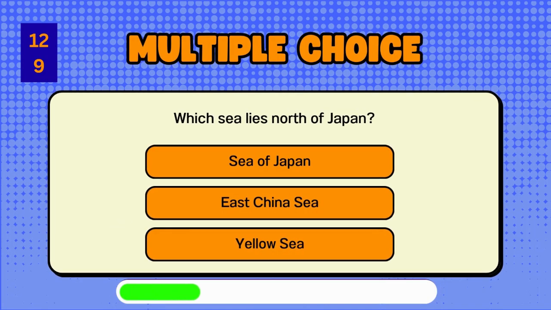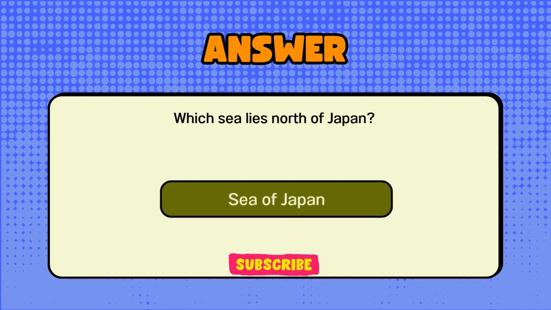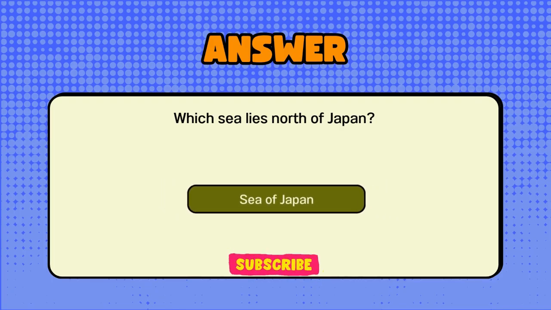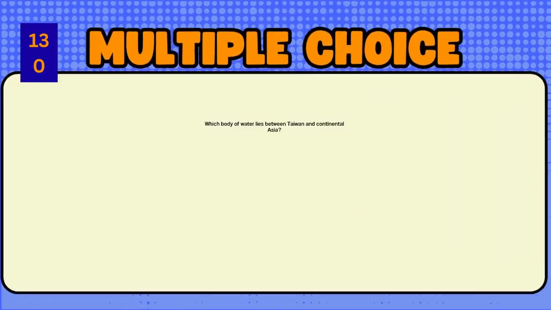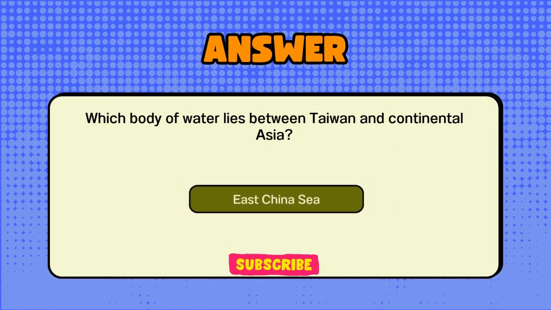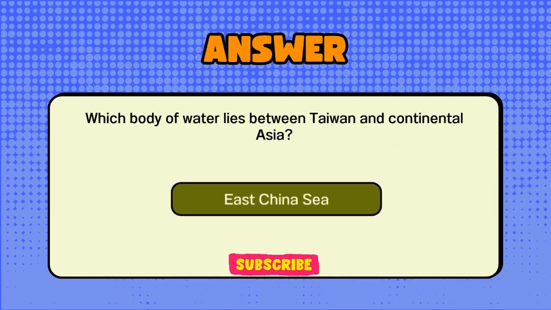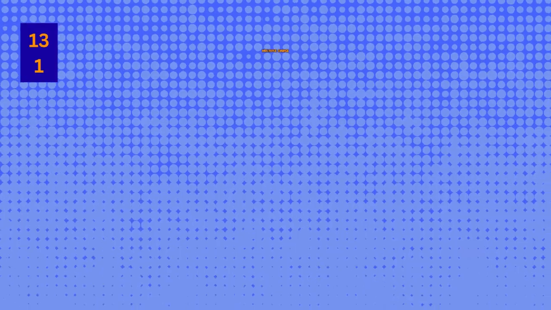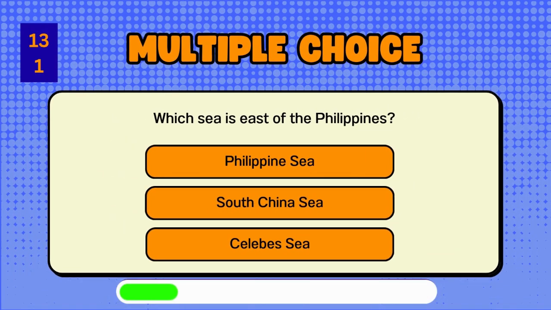Which sea lies north of Japan? Which body of water lies between Taiwan and continental Asia? Which sea is east of the Philippines?